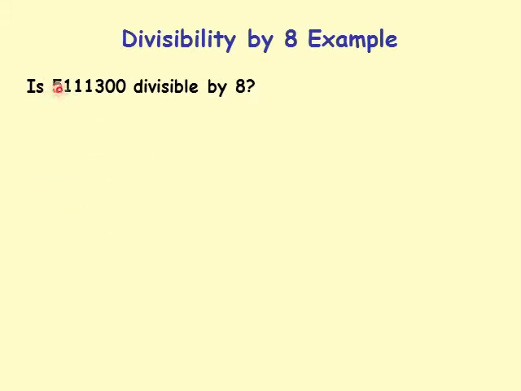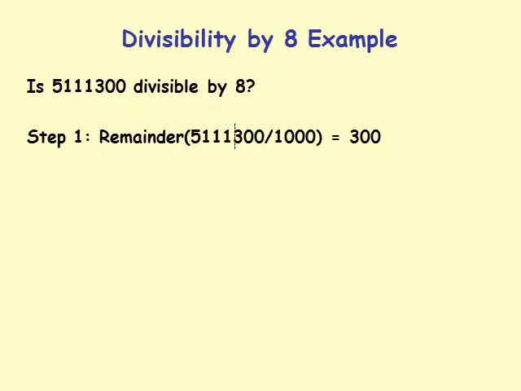Let's continue here. Is 511300 divisible by 8? First we take the remainder by 1000. 511300 divided by 1000 has a remainder of 300. The way we divide by 1000 is to separate out the last three digits and draw a line to the left of it.